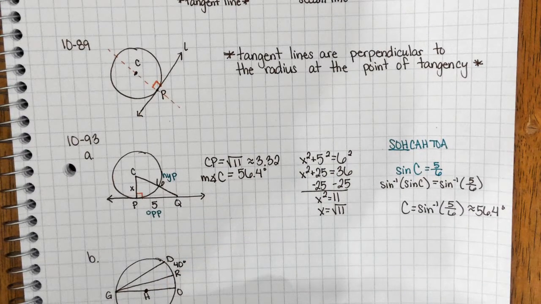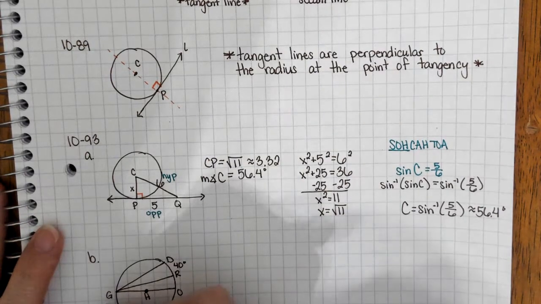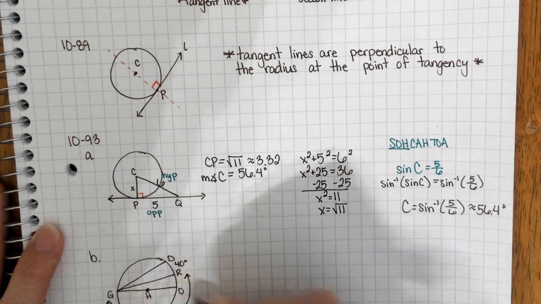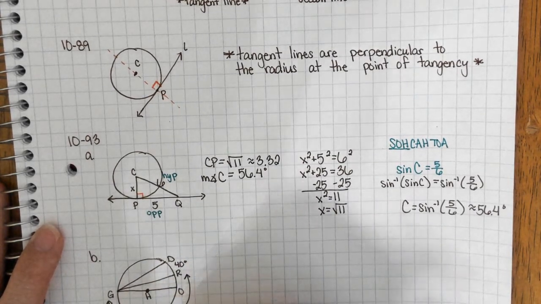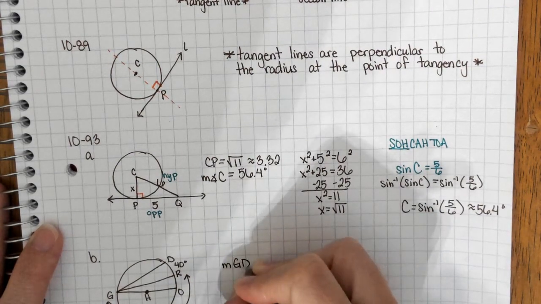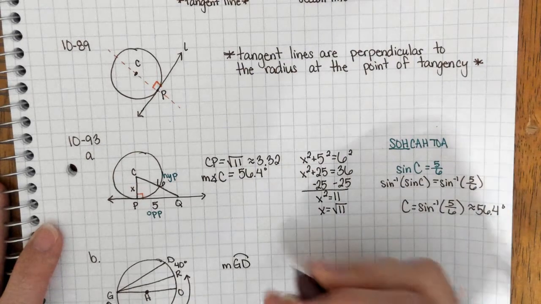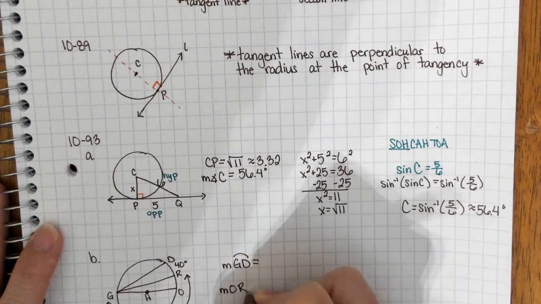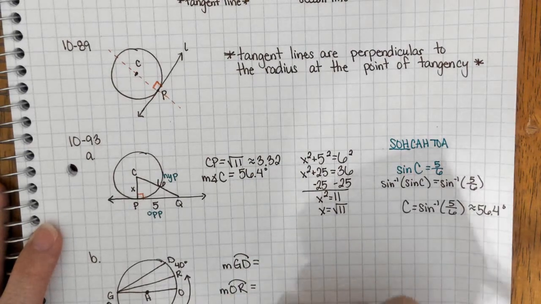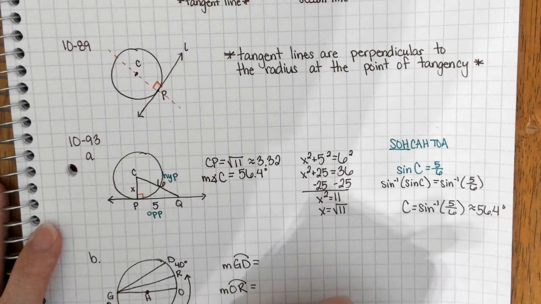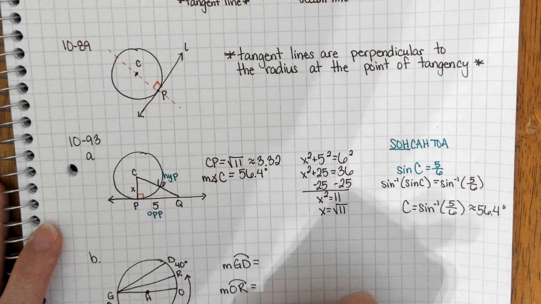And the measure of arc GOR equals 210. So GOR to here is 210. We want to find the measure of arc GD. We also need to find the measure of arc OR and the measure of angle RGO.